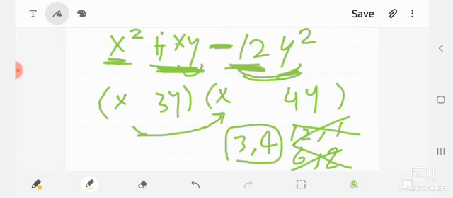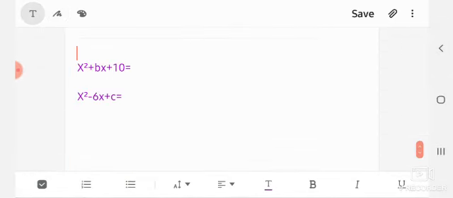So 4 will have the positive and 3 will have the negative. So the solution will be x minus 3y times x plus 4y. Okay, let's move to another example.